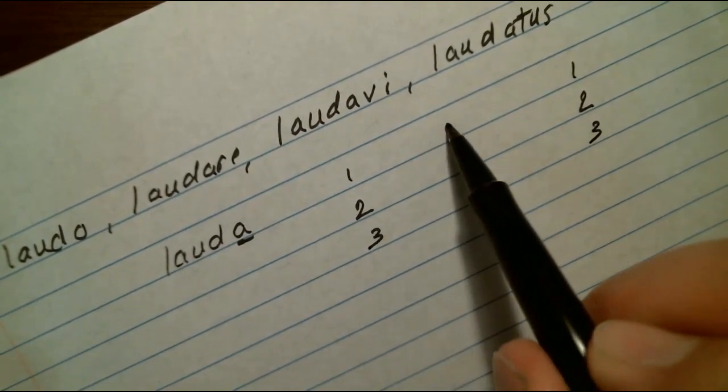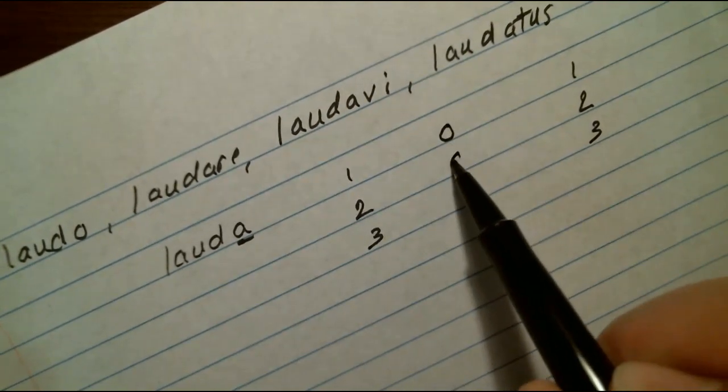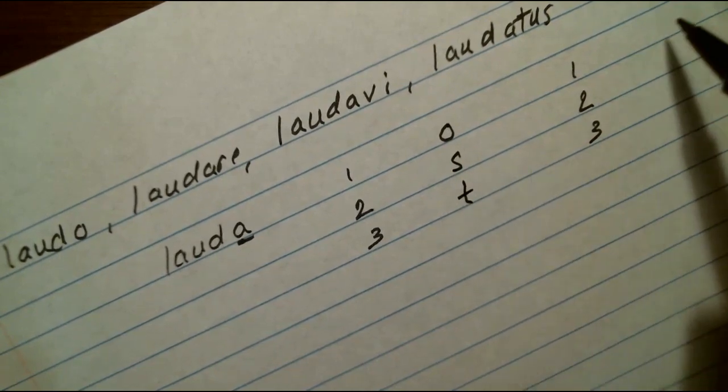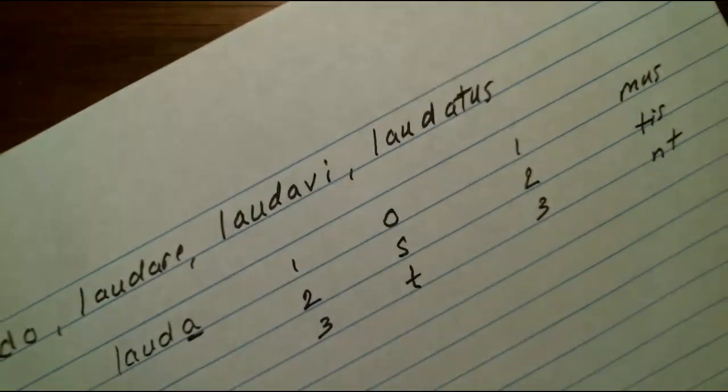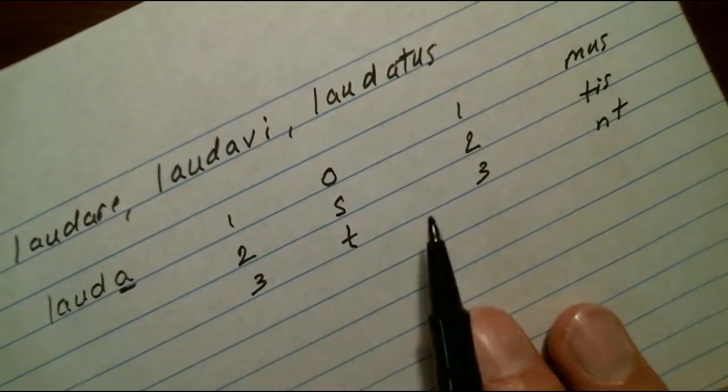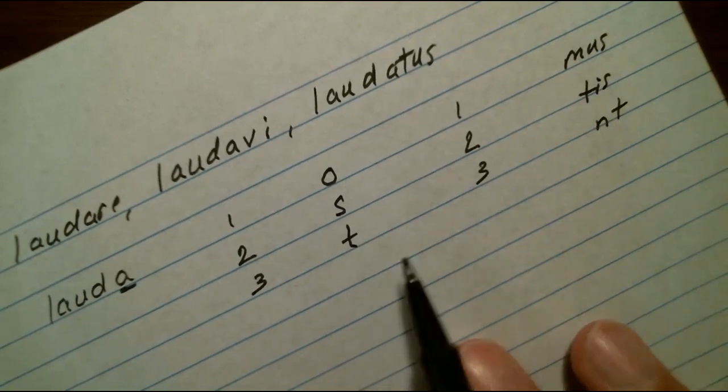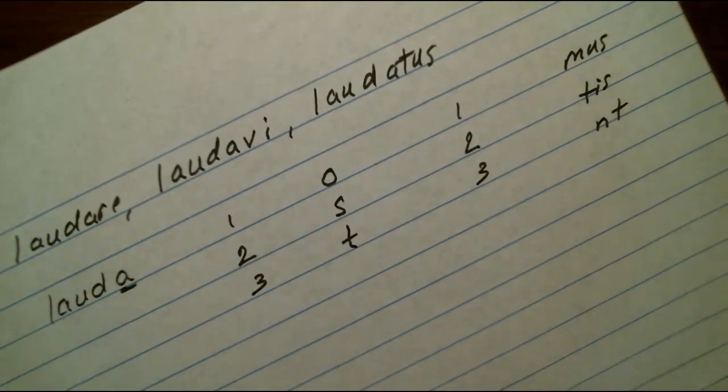It's going to be, remember, O, S, T, and then mus, tis, nt. All this O, S, T, mus, tis, nt is going to stay the same for the future and the imperfect, with a couple of differences that are very easy to learn.